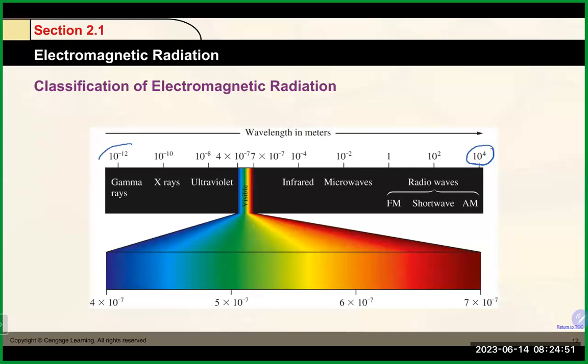On this side here, we have 10 to the minus 12. So clearly over here, this is a much longer wavelength, and we would expect a much lower energy as opposed to the other extreme, which is a much shorter wavelength, and we would expect a higher energy on that side of the spectrum.